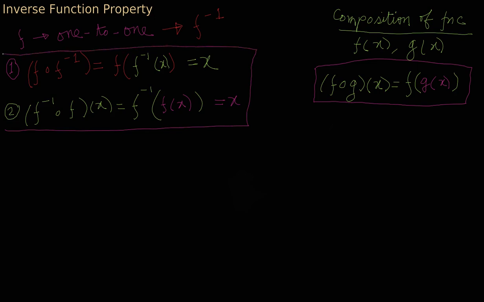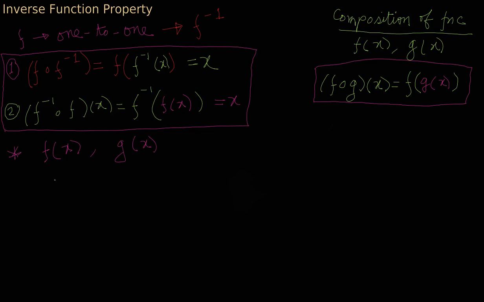Now let us see if we can write down the same conclusion using another example. Let's say I have two functions. One function is f(x), and let's say I have another function, any other function g(x).